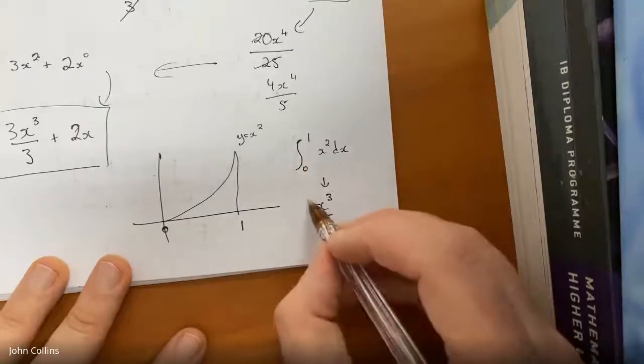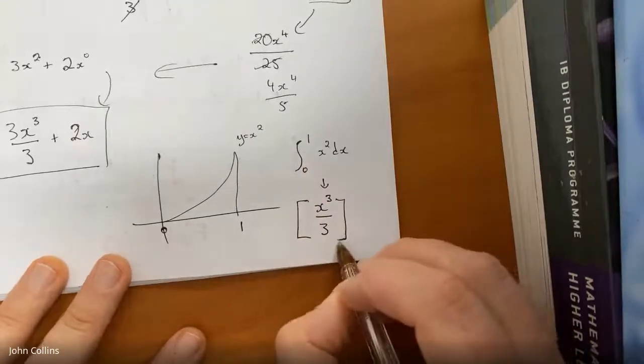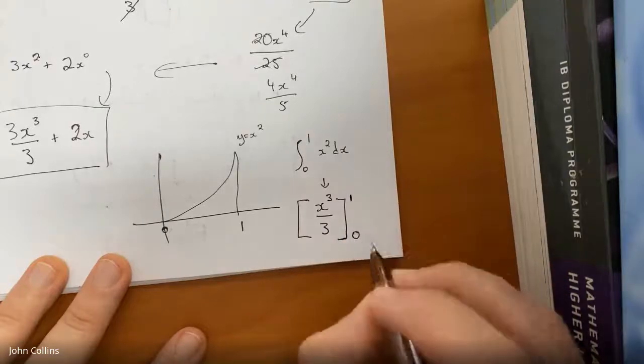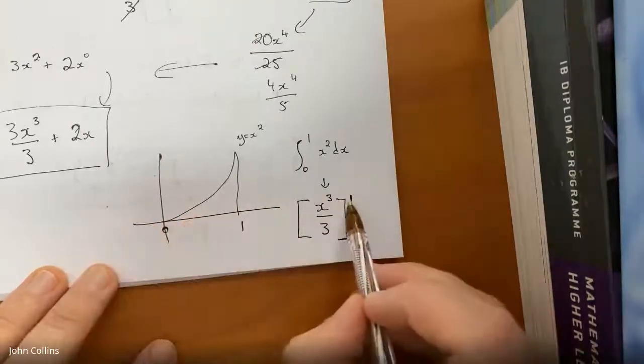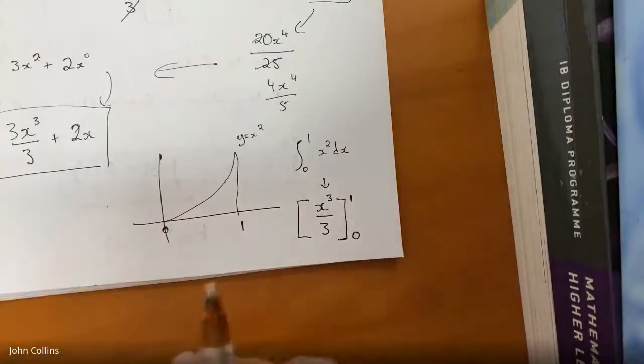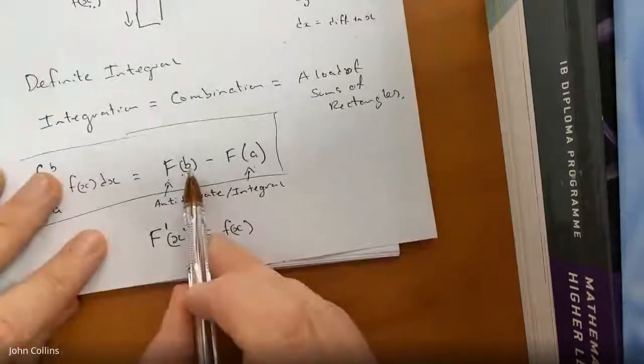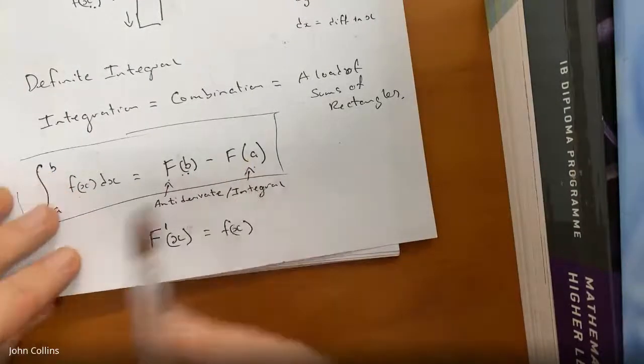How I write the next bit is put a box around it and say I'm going to do from 0 to 1. In other words, I'm going to sub in 1 and sub in 0, which I was talking about here. Sub in 1, take away 0. Okay, and I'm going to do that on the next page.